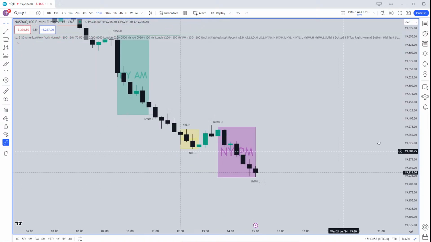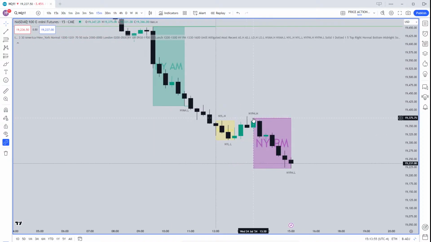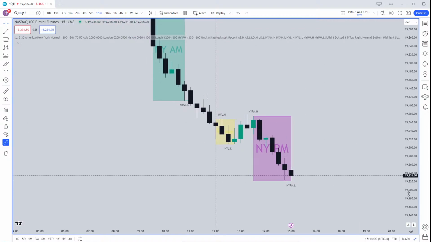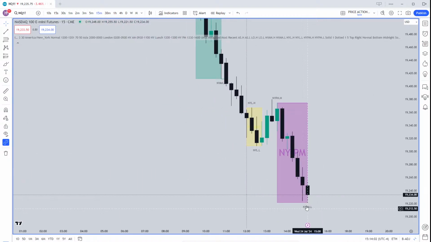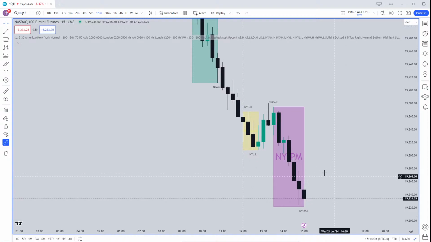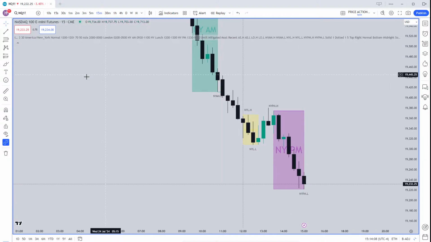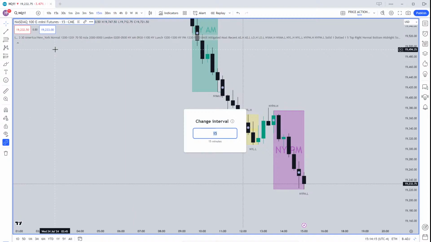So PM high was right over here at 19,375.75. And we are continuously making our lows as we speak. On the 15-minute, we are very bearish. On every time frame, higher and lower so far, we are very, very bearish.